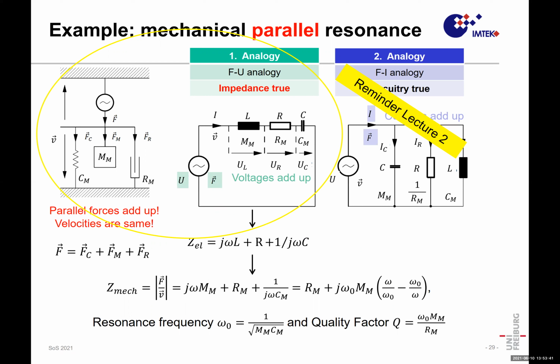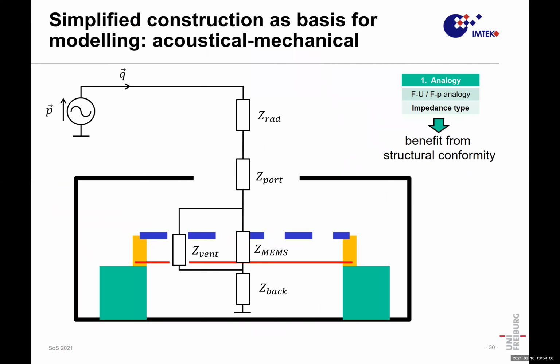So this is impedance-type, and we will use inductors to describe masses, resistances to describe loss terms, and capacitances to describe compliances, or inverse springs. Then we can add up those voltage-conform or force-conform quantities as in the mechanical model. So if you apply this here, we go very straight.